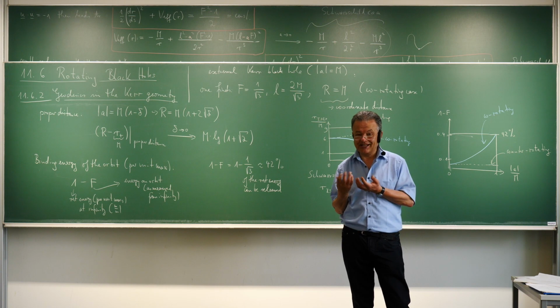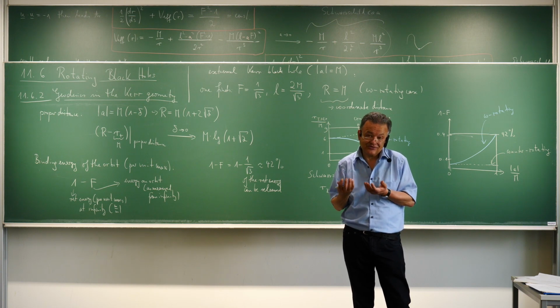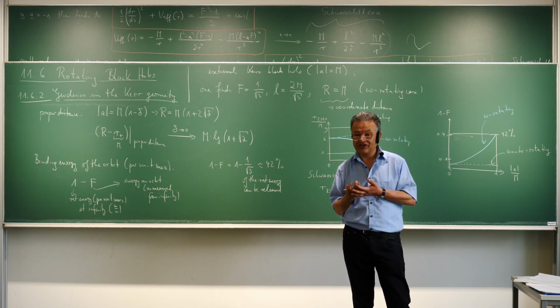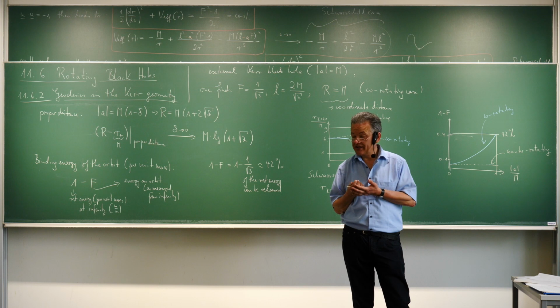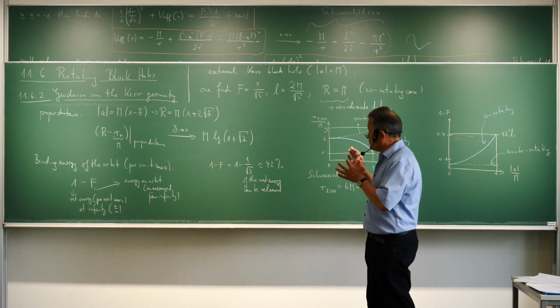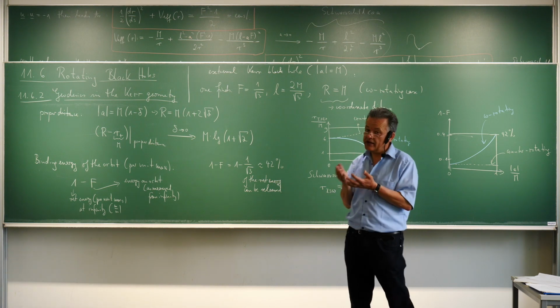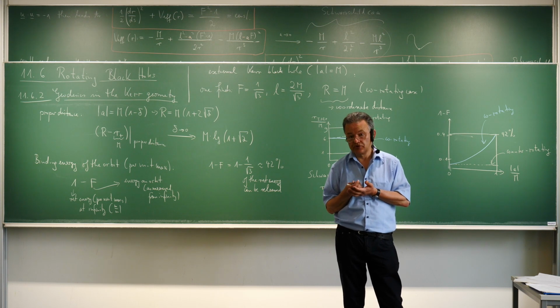So if you could technologically handle it, it could solve all our energy problems in principle. The so-called Penrose process, that Roger Penrose devised at the end of the 60s, seems to be also relevant for astrophysical black holes, for supermassive black holes in the center of galaxies. So this we will do next time: ergosphere and Penrose process.